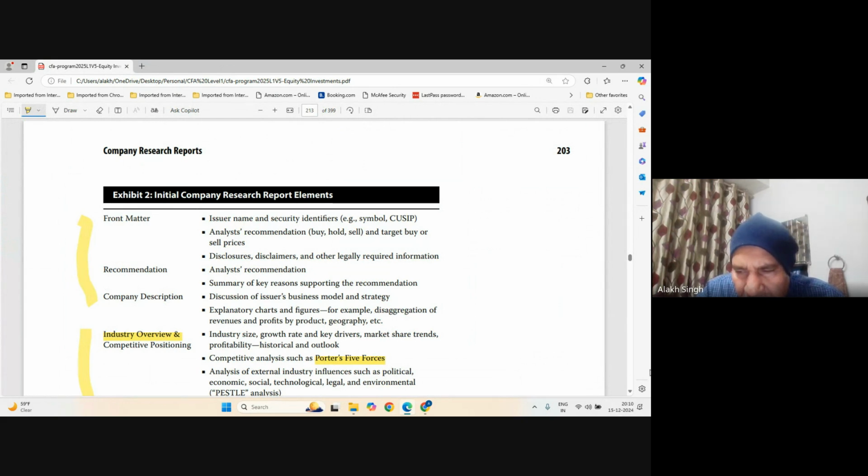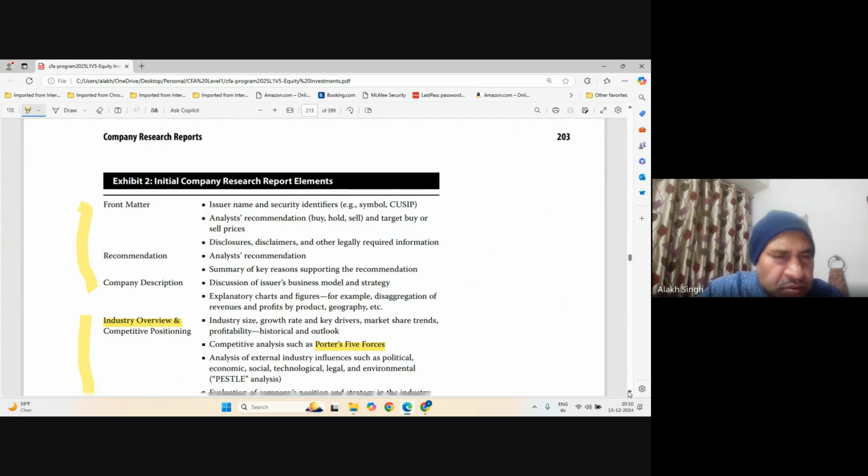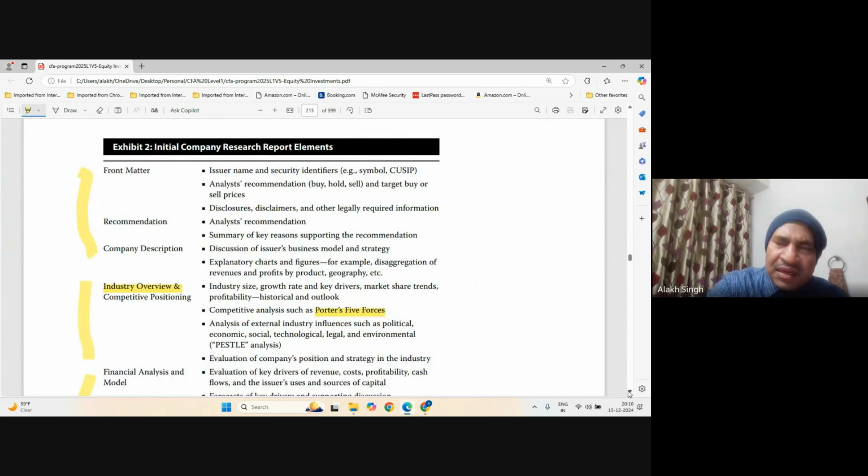Now, so that is the front matter. It must contain two things: expected return, and your recommendation, and then risks. Oh yeah, here is the recommendation, analyst recommendation. Company description, yes, I had written in short. Then industry overview and competitive positioning will be after that on the second page.